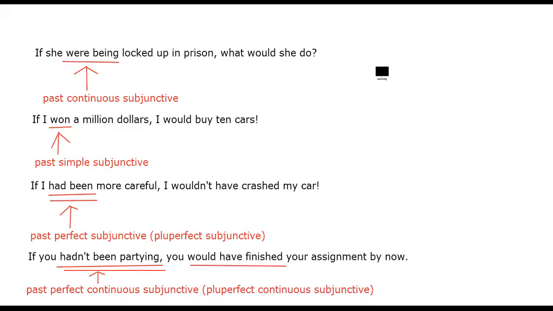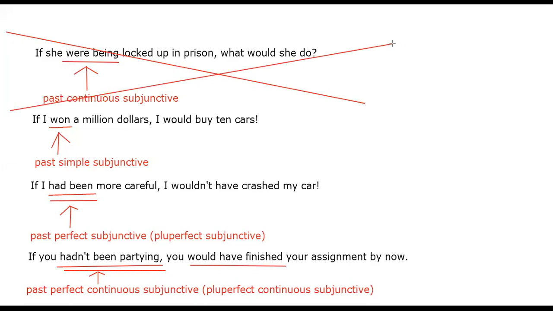So those are all four possible forms for the past subjunctive. So you have the past simple subjunctive, the past continuous subjunctive, the past perfect subjunctive, and the past perfect continuous subjunctive. But if you find this a bit overwhelming, you could just ignore the continuous aspects like this, and then just focus on the basics, like just the simple part, the simples.